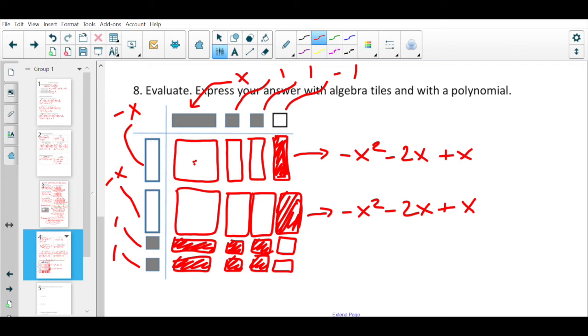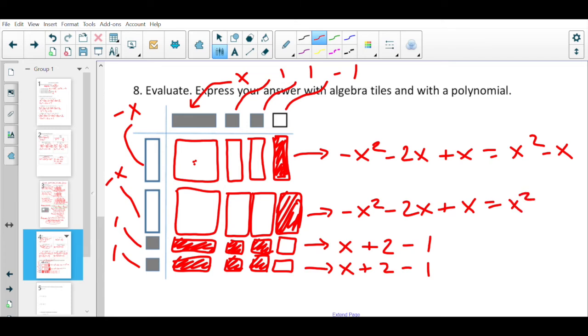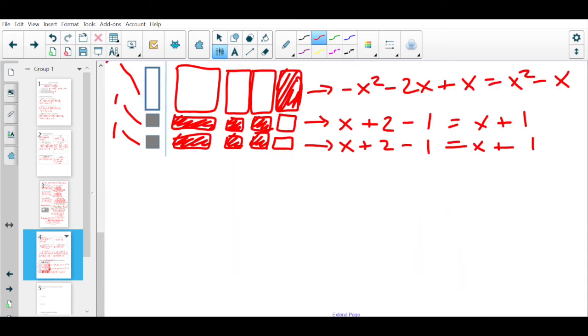Here we have a shaded bar that is x, plus these two small shaded squares is 2, and that's a -1. And we're repeating again, x plus 2 minus 1. And so this one is x squared minus x plus 1, x plus 1.